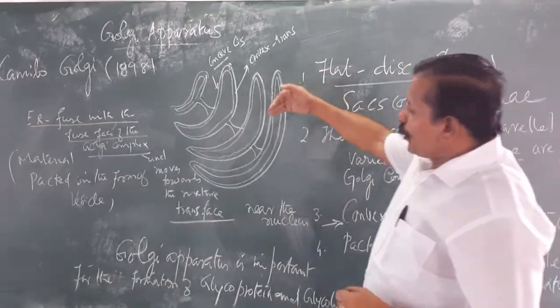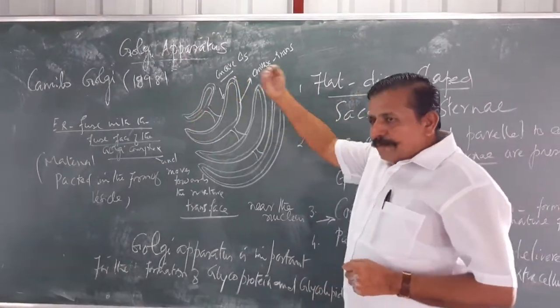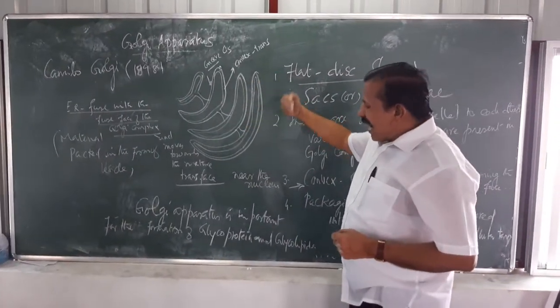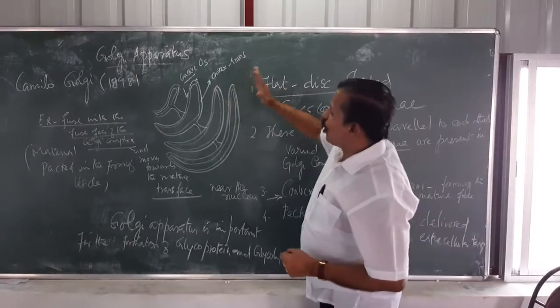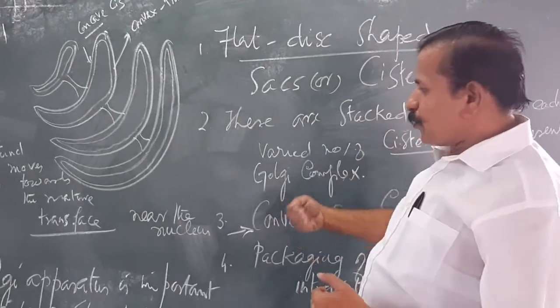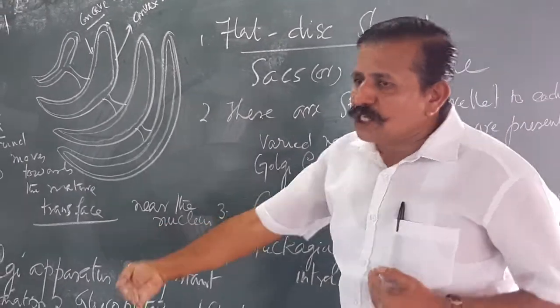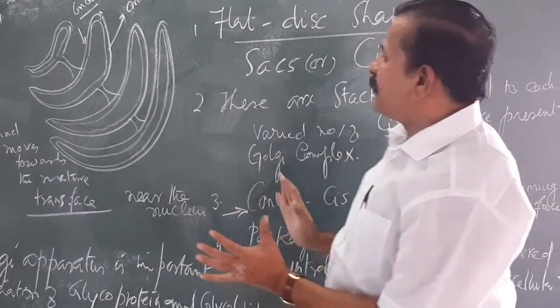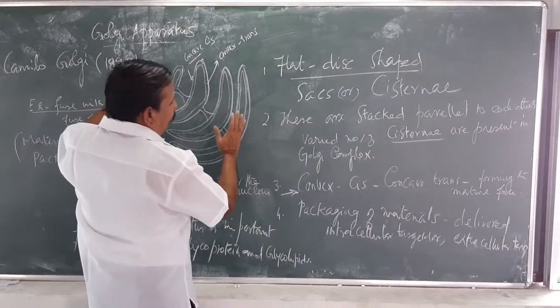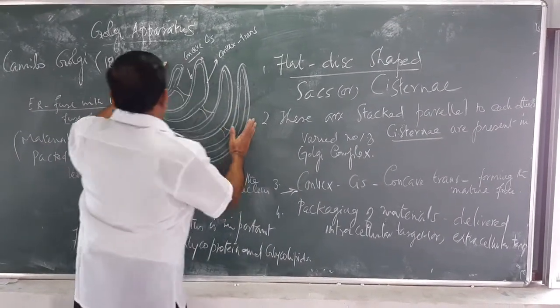The endoplasmic reticulum can prepare the protein with the help of ribosomes. That prepared protein is packed with the help of the Golgi apparatus, and it will be transferred from one place to another, whether intracellular or extracellular. Such packed materials are completely delivered by the Golgi apparatus.